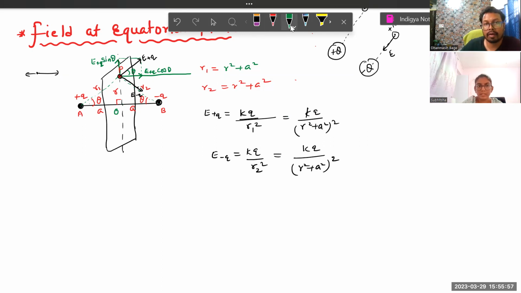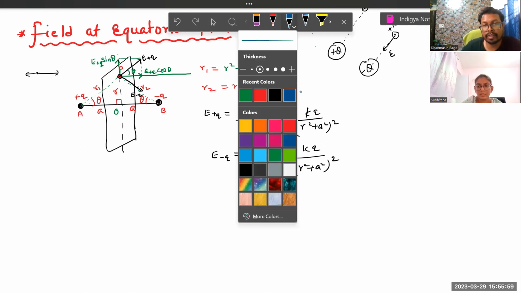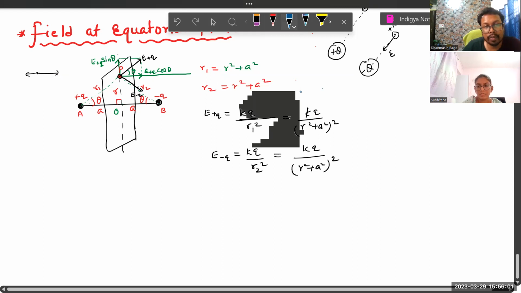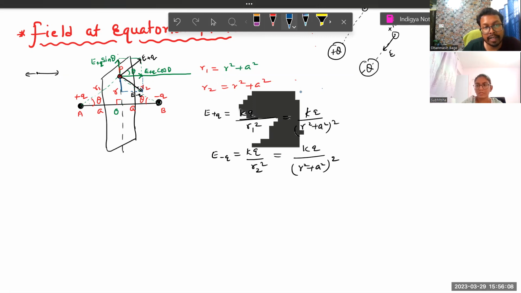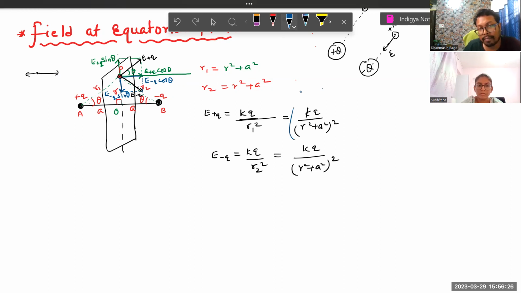Okay, now I will use a different color. Similarly, we'll do this vector. We will resolve this vector along two directions. So it will be E minus Q cos theta, and this will be E minus Q sine theta. But just see that E plus Q and E minus Q are exactly the same, right?